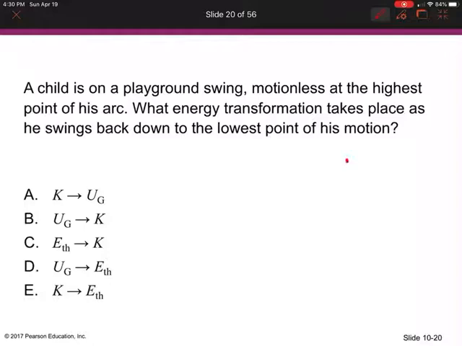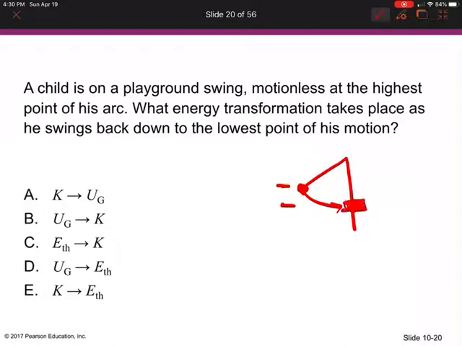So here, let's say the child is at the tallest point right here, and they're swinging down, and it's asking what is the energy transformation that takes place at the lowest point right here. Well, this is like your highest point to the ground.